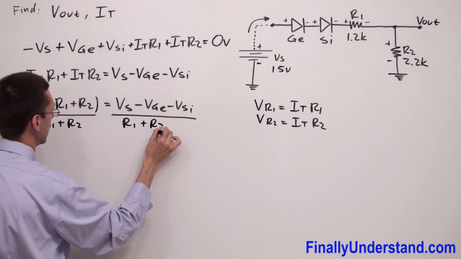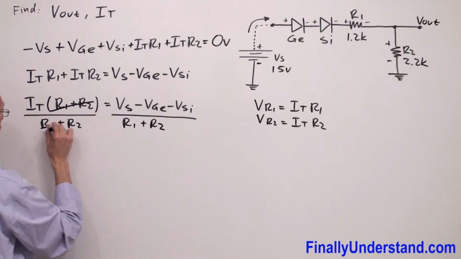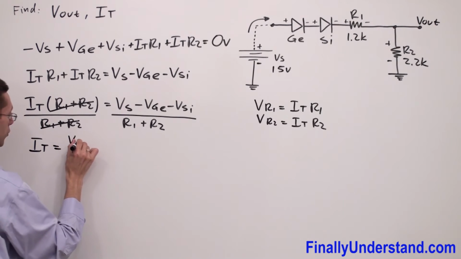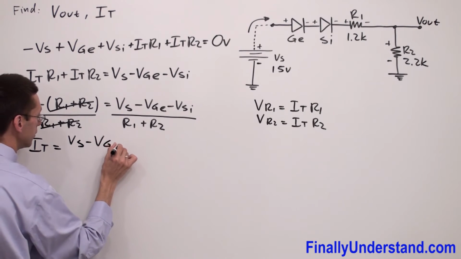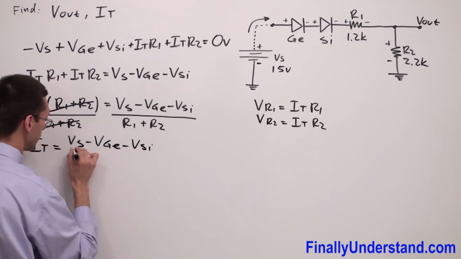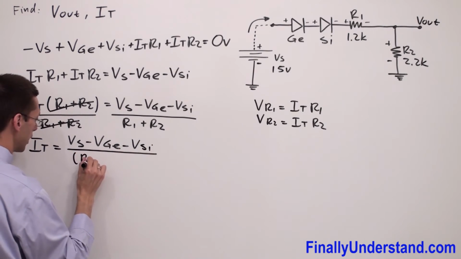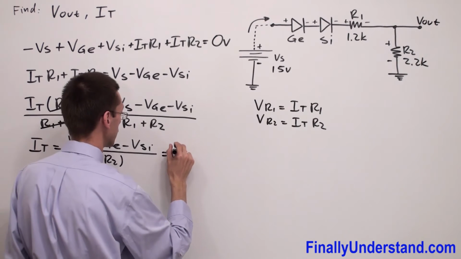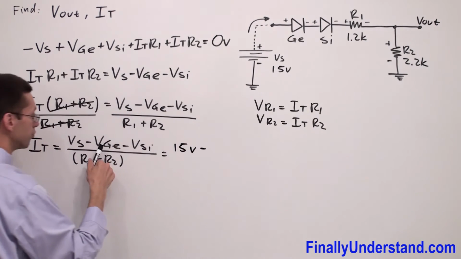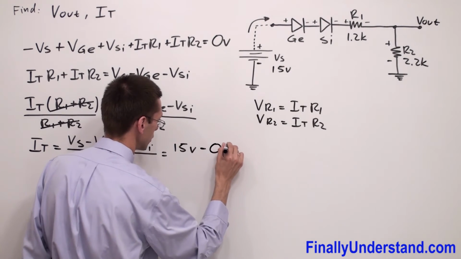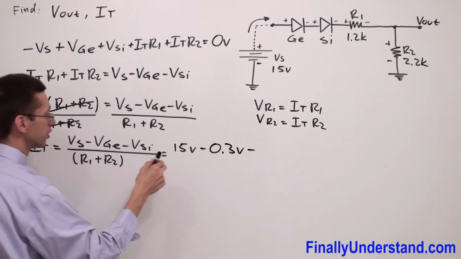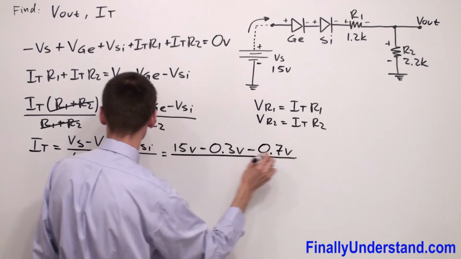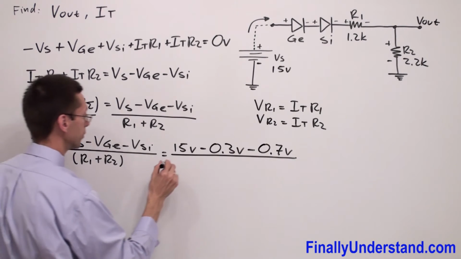R1 plus R2 will cancel out, and I have I total is equal to voltage source minus VGE minus VSI over R1 plus R2, which is equal to voltage source 15 volts minus VGE, which is 0.3 volts, minus V silicon, which is 0.7 volts, over R1 plus R2.